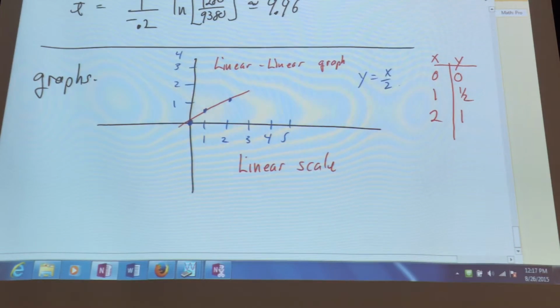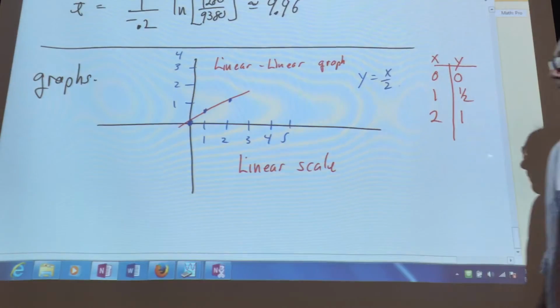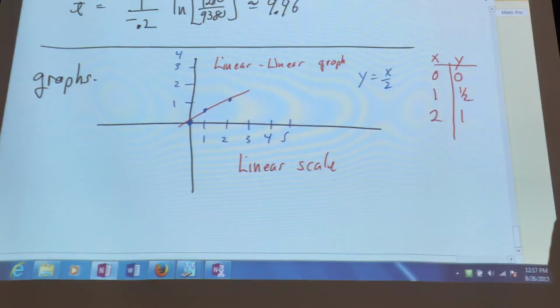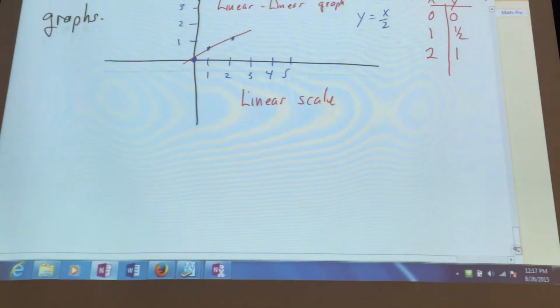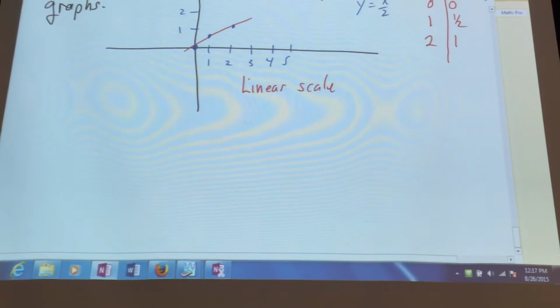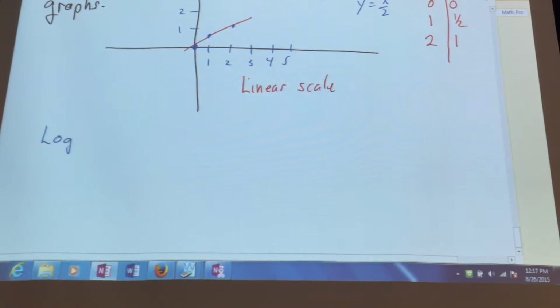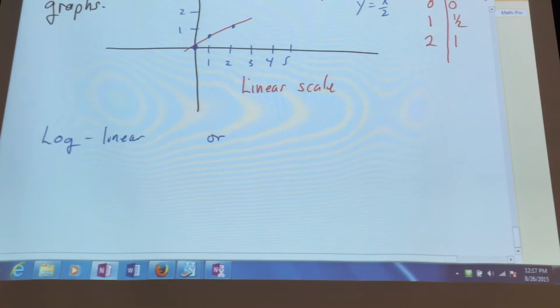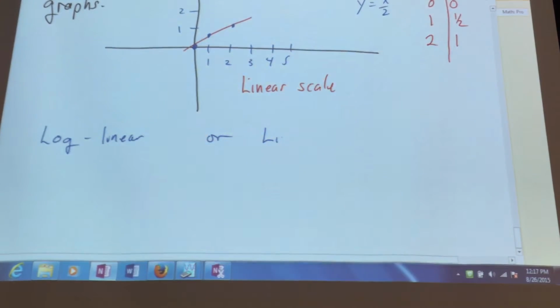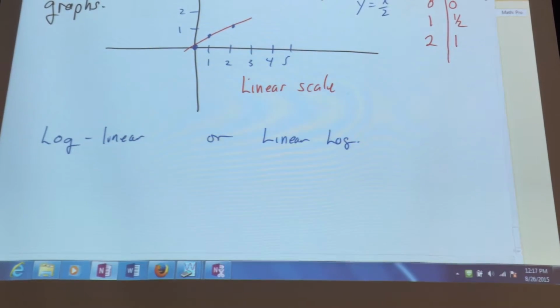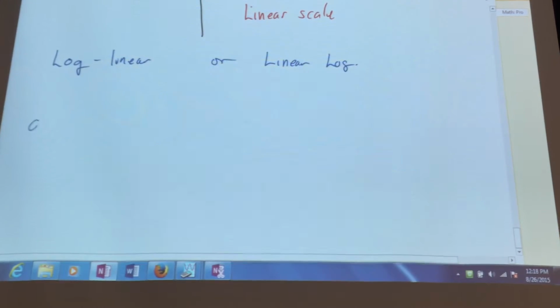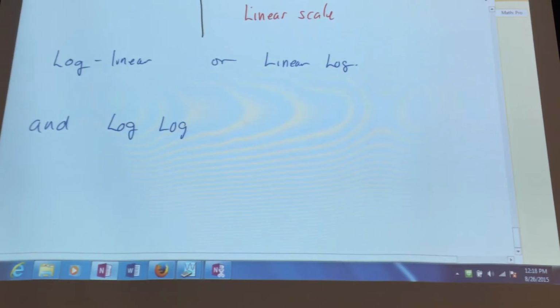So now that you know that this is a linear graph, and that's what you're familiar with, there must be something that's not a linear graph. And the two other characters that we have to play with are what is known as the log linear, or the linear log, and the log log graph.